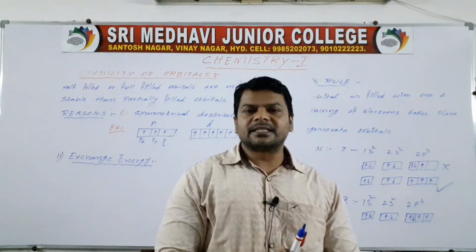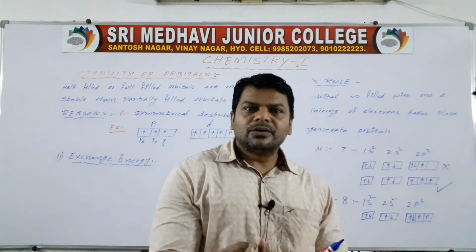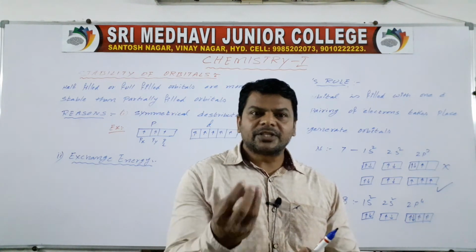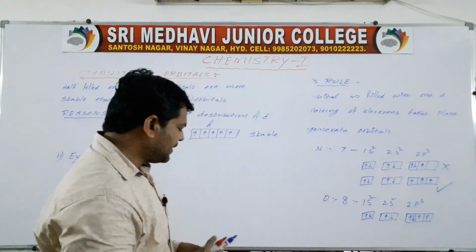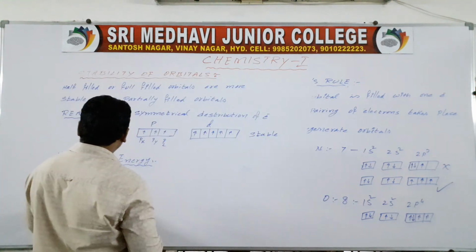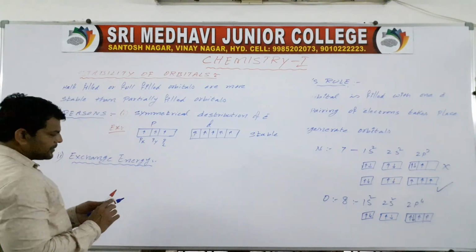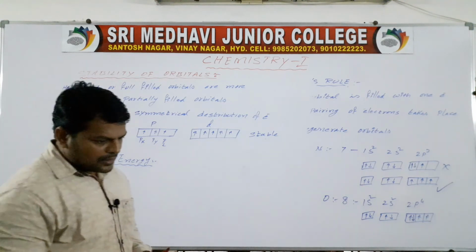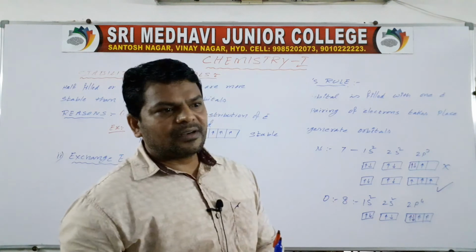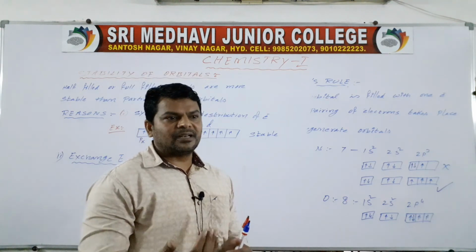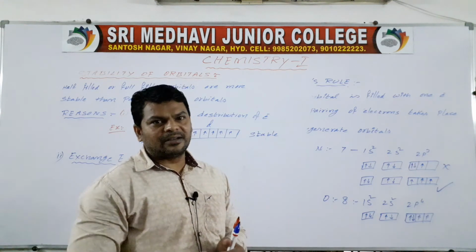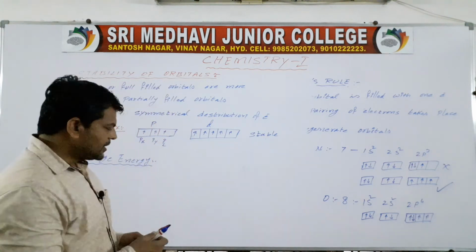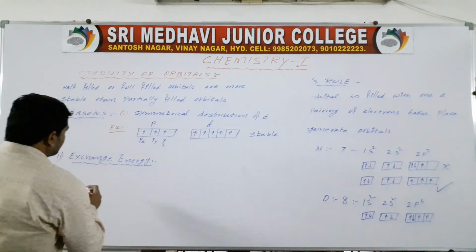That released energy is nothing but exchange energy. Since energy is released, the orbital has less energy and is more stable. So when an electron exchanges its position with another electron, the released energy is called exchange energy.